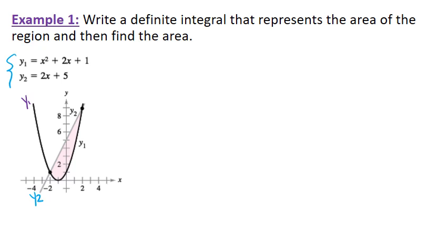Since the linear function is always above the other function, this is a top minus bottom case, and it is always the top minus the bottom. If you have a top minus bottom case, everything is in terms of x. The functions are in terms of x, and the limits of integration are in terms of x. So the top function is the linear function. So I know that this will be the top and this one will be the bottom.